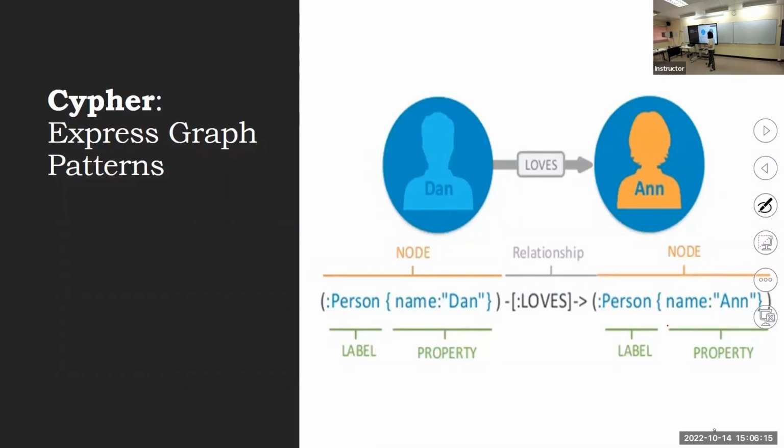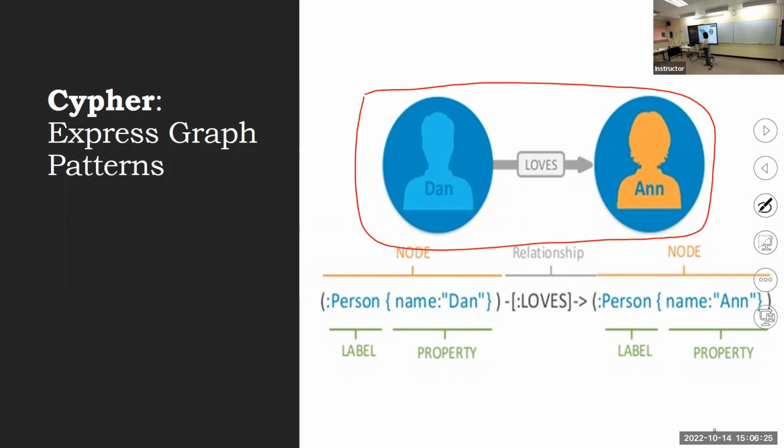But what could be seen from here is that actually this is the very visualization of a graph, right? A graph visualization. But if you serialize the graph visualization into textual representation, there are certain syntax that you may need to learn and follow a little bit in the Cypher query language.